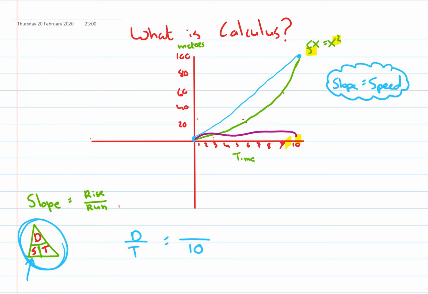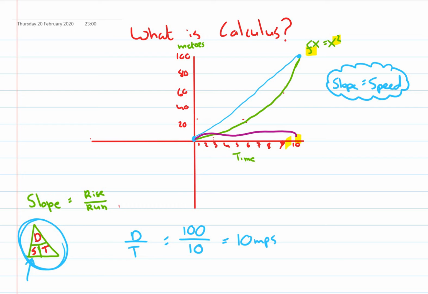And he travelled a length of 100 meters, from 0 up to 100 meters, so the distance is 100 meters. And 100 divided by 10 is 10 meters per second. So that's his speed for the whole race.